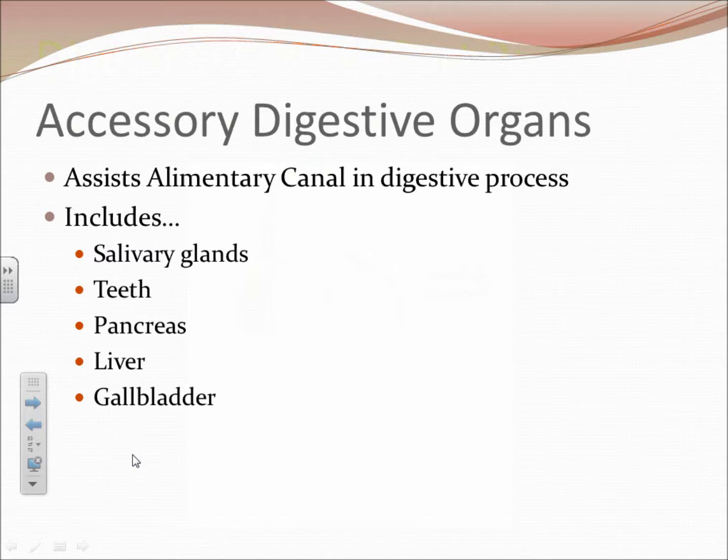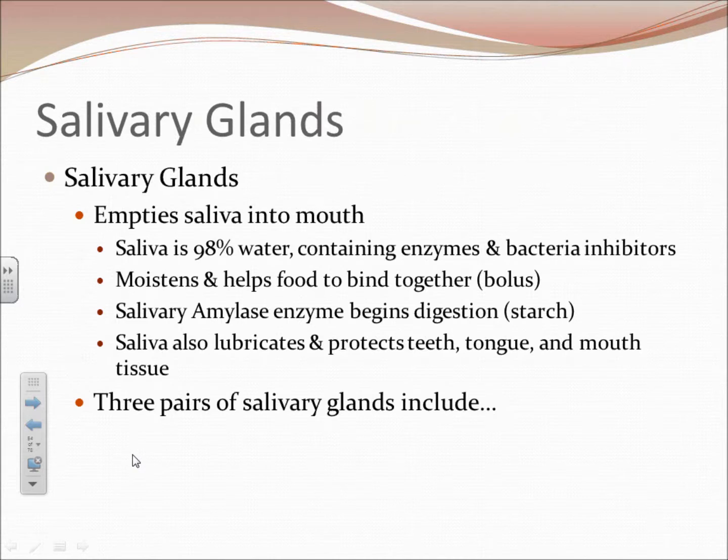Some of the accessory organs that we'll be talking about today are the salivary glands. Your teeth are also considered an accessory organ. Your pancreas, liver, gallbladder. Okay, so let's first talk about the salivary glands. What's the purpose of the salivary glands? Just to provide water and moisture to the food.